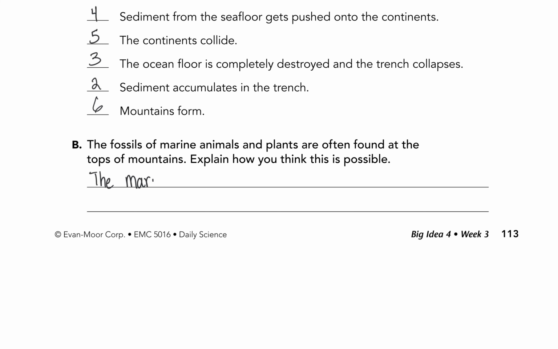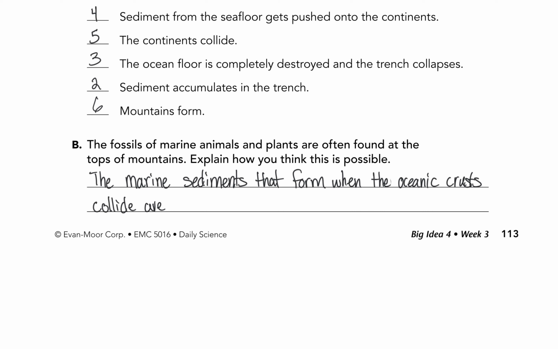This happens because the marine sediments that form when the oceanic crusts collide are forced up onto the continents, becoming a mountain range.